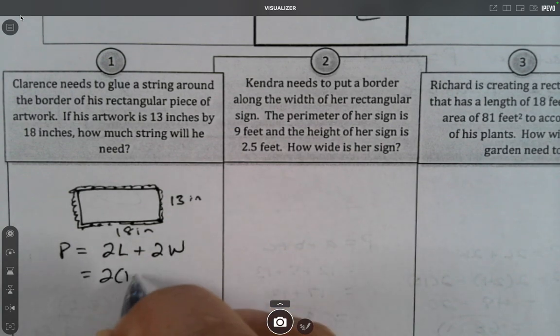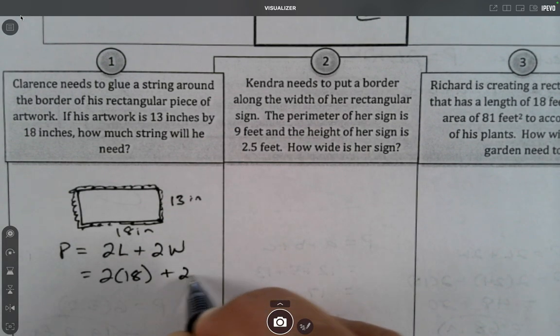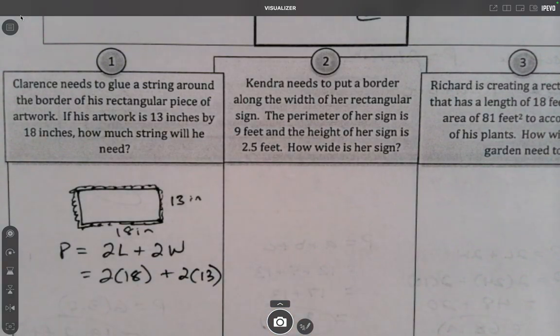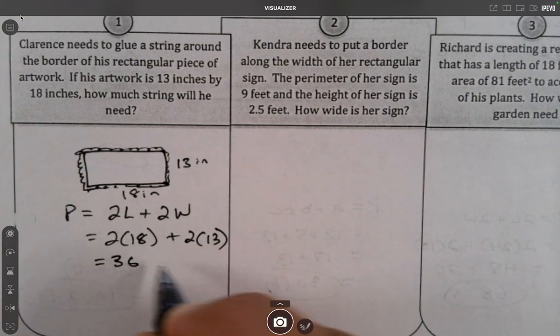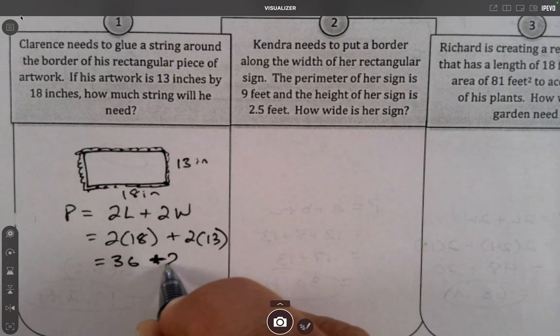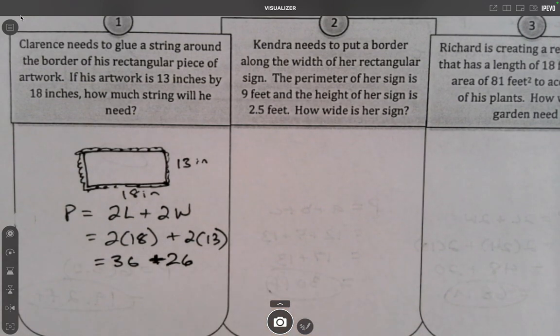So we'll do 2 times 18 plus 2 times 13. 2 times 18 is 36. 2 times 13 is 26. Add those together and you get 62 inches. So you will need 62 inches of string to be able to put a border around this artwork.